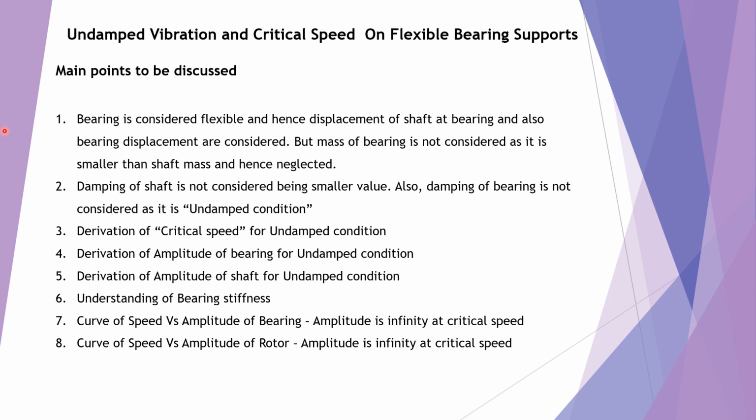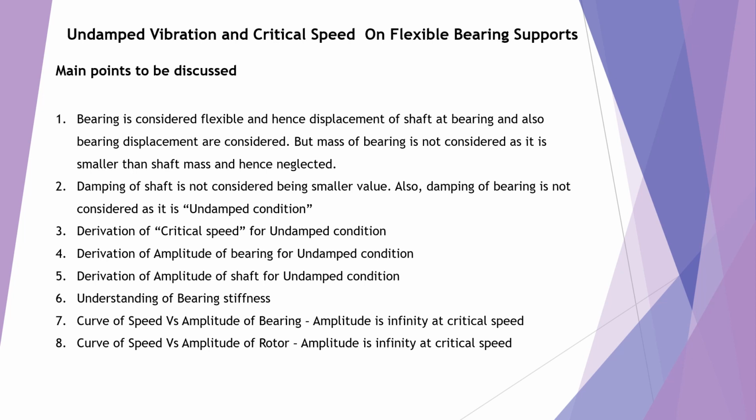But the mass of the bearing is not considered, as it is smaller than the shaft mass and hence neglected. Damping of the shaft is not considered, being a smaller value. Also damping of the bearing is not considered, as it is an undamped condition.